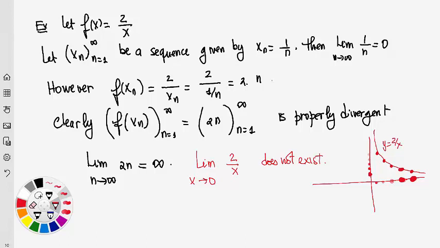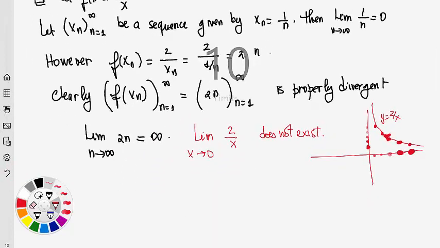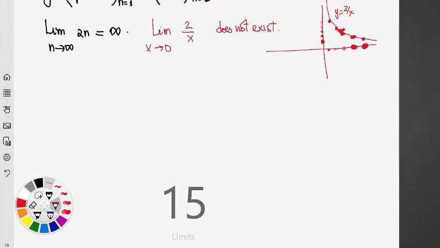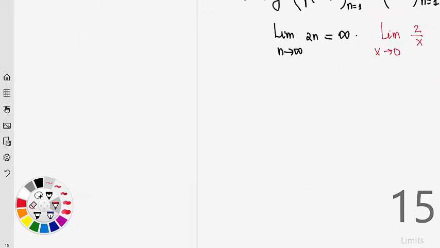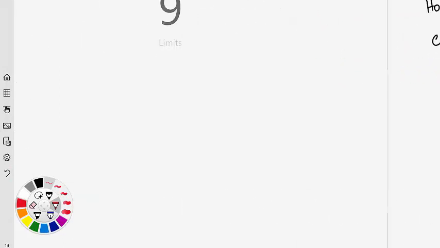It's going to infinity. So clearly there is no limit at 0 for this function. Okay, so let's look at another example.